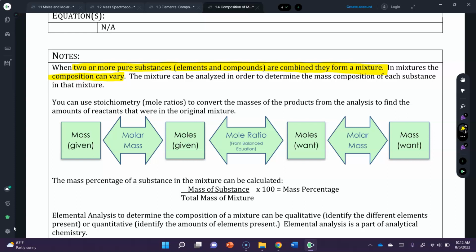The mixture can be analyzed in order to determine the mass composition of each substance in that mixture. You can use stoichiometry, mole ratios, to convert the masses of the products from the analysis to determine the amounts of reactants that were given in the original mixture.